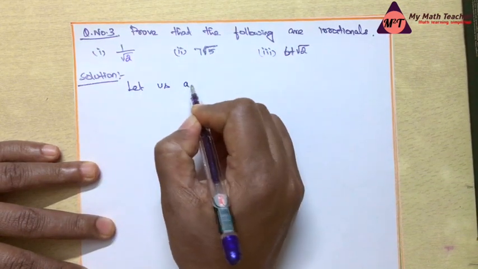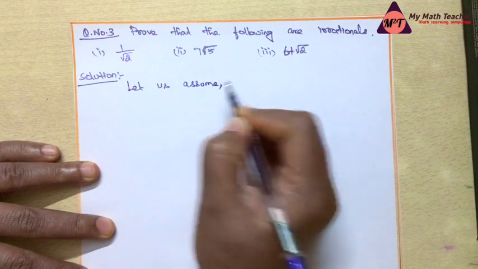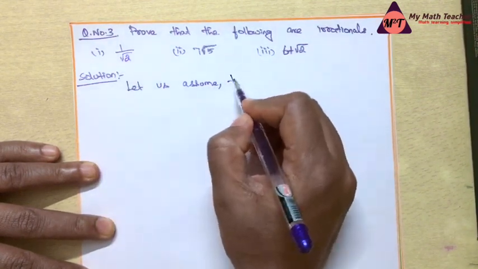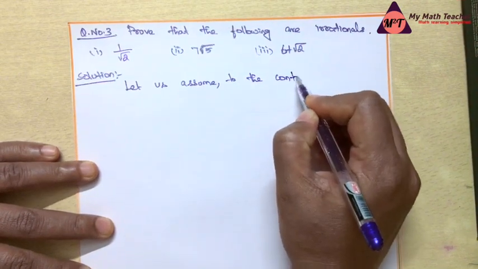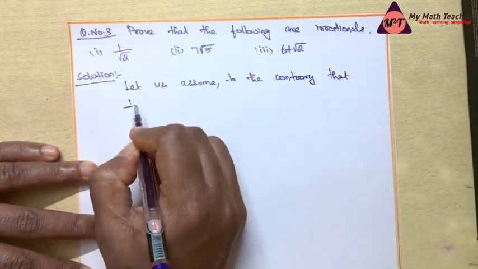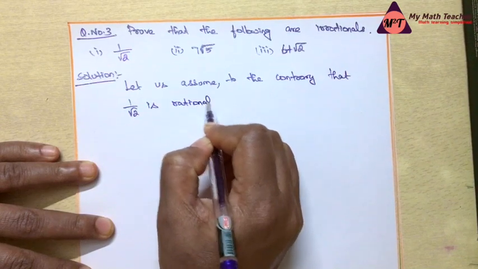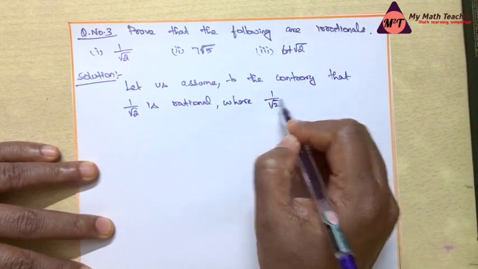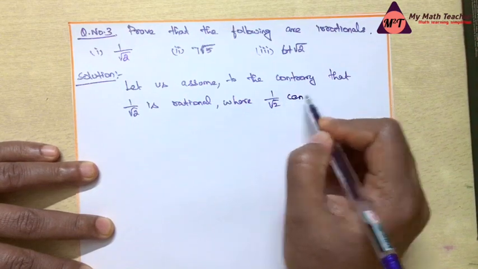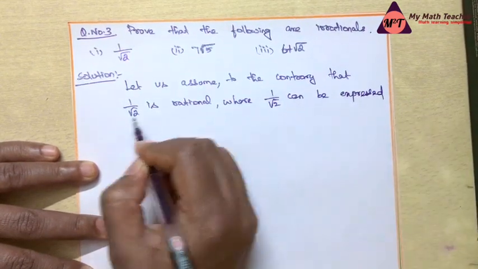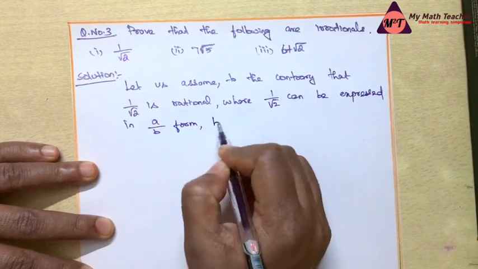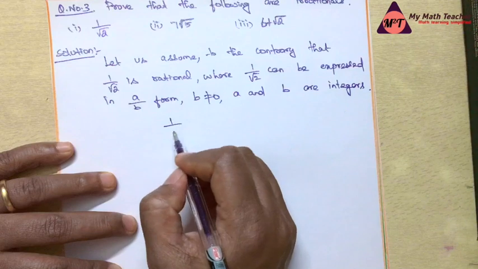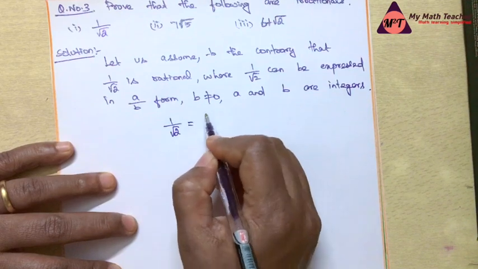Let us assume to the contrary that 1 by root 2 is rational, where 1 by root 2 can be expressed in a by b form. 1 by root 2 can be written as a by b.